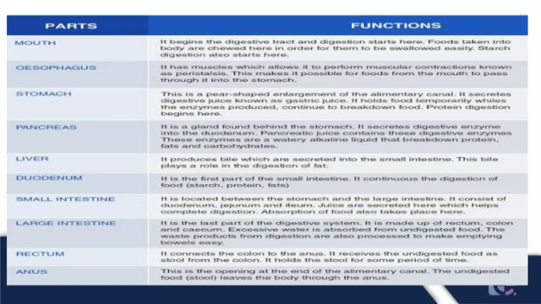It connects the colon to the anus, and it receives the undigested matter or waste material, which is known as stool. It holds the stool for some period of time. The last part is the anus, the opening at the end of the alimentary canal. The undigested food, known as stool, leaves the body through the anus.